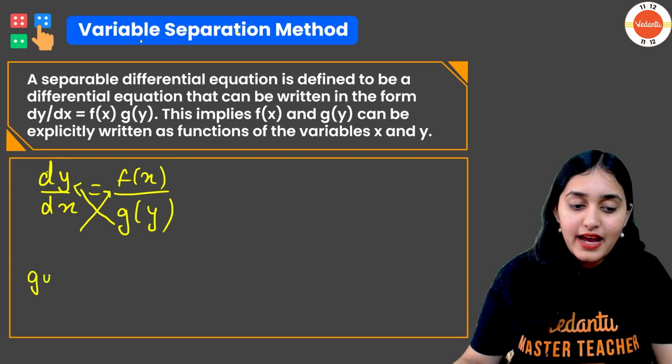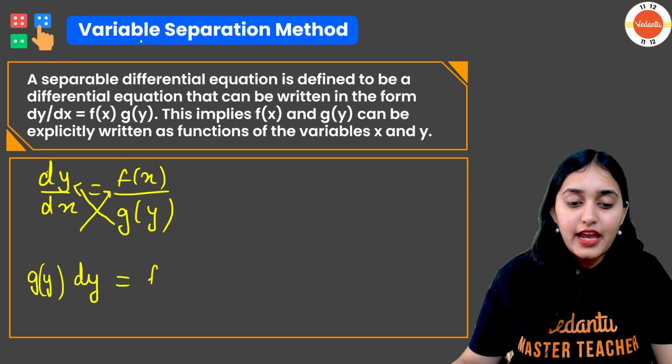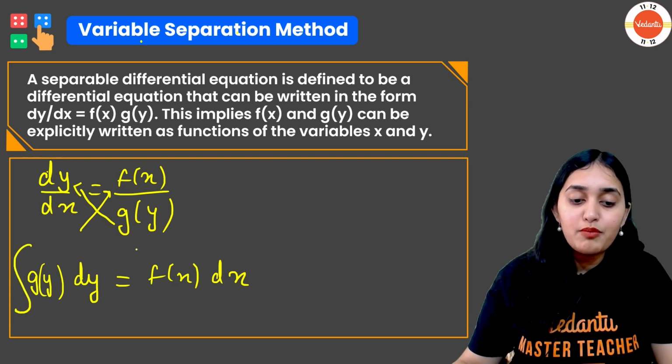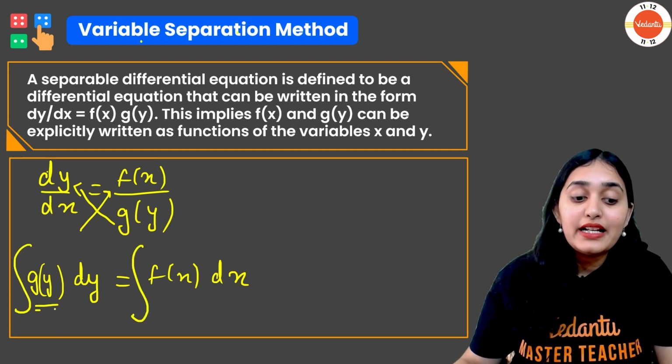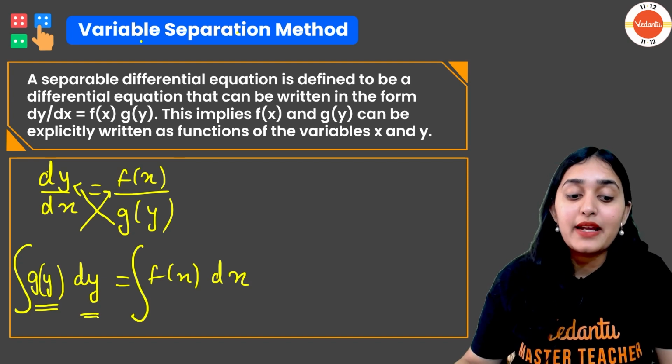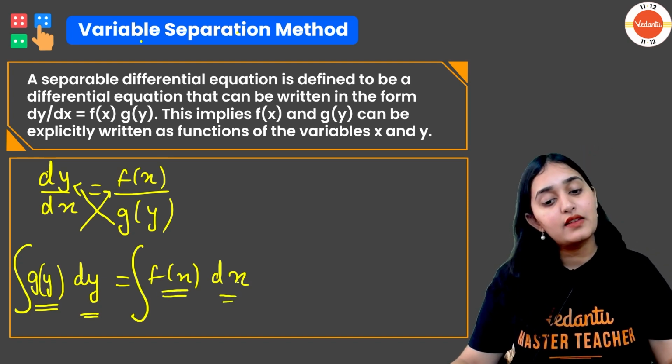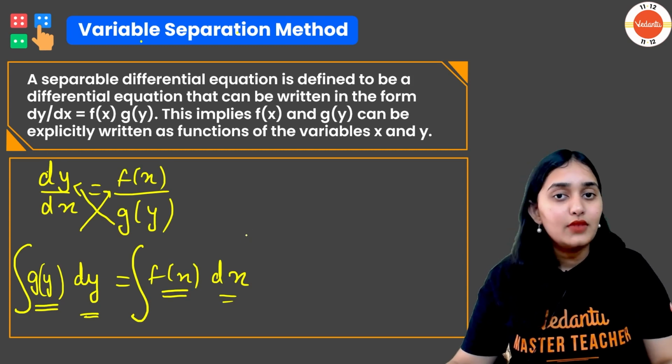So g of y into dy equals f of x into dx. Now you integrate both the sides. You integrate function of y with respect to dy, and function of x with respect to dx. You will get your solution.